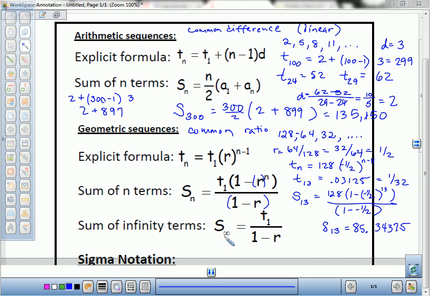Okay, now this last one, the sum of an infinite number of terms. We can't always do it. Because when we think about this being exponential, because it's raised to an exponent, it's exponential. And when we graph an exponential, a couple things can happen.